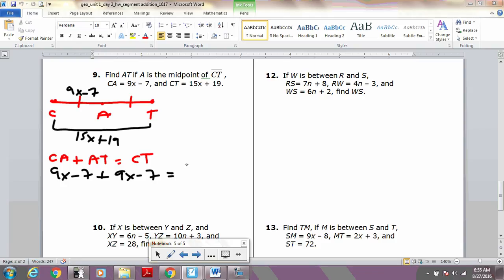I also have CT, which is 15x plus 19. There we go. So now I can solve for x.